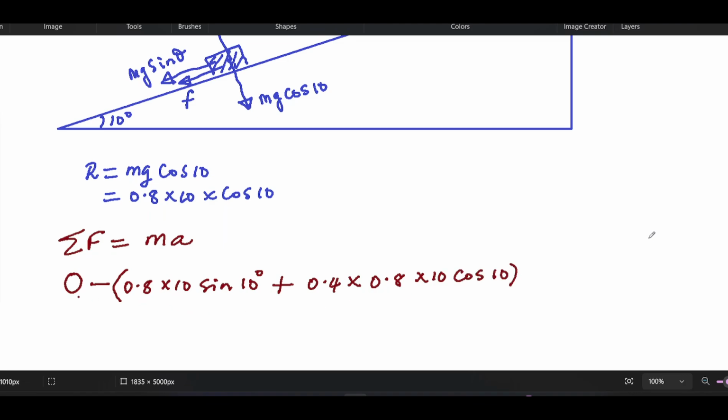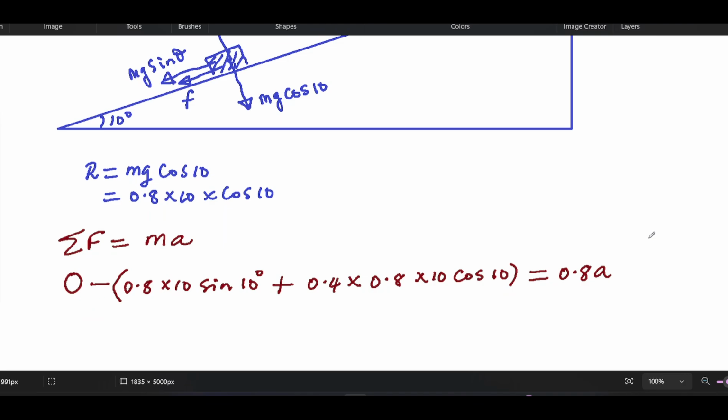So forward force minus backward force is the resultant force, which should be equal to the mass times the acceleration. That gives me 0.8 a, because the 0.8 kilogram particle is the one accelerating.